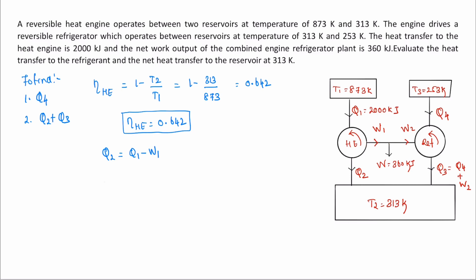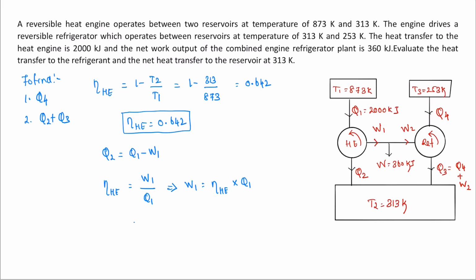So first we have to find the work done by the heat engine. The work done by the heat engine can be calculated as efficiency is equal to W1 by Q1. By using this equation, you can find W1, which is nothing but W1 is equal to the efficiency of the heat engine times Q1.